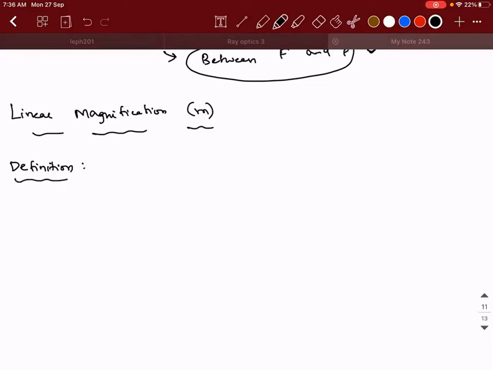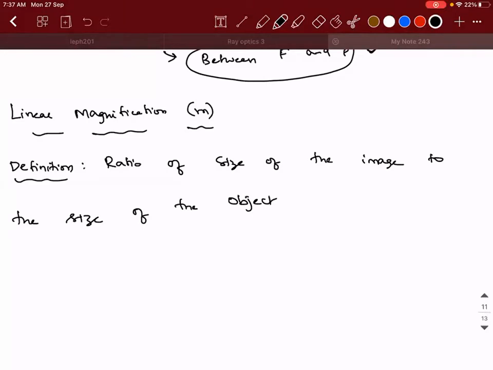It is defined as the ratio of the size of the image to the size of the object.